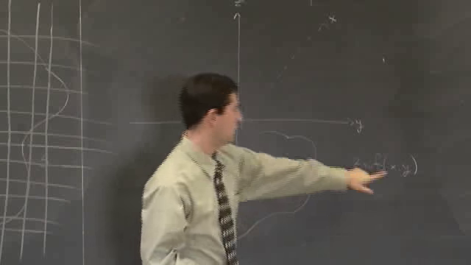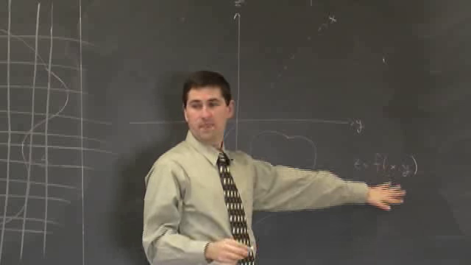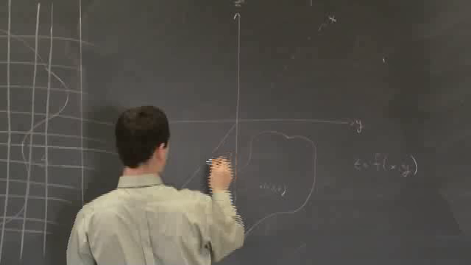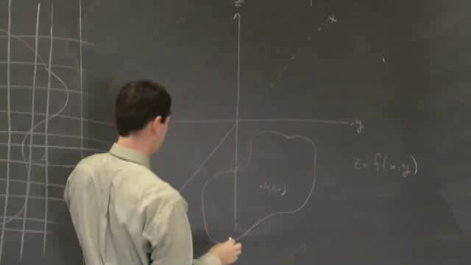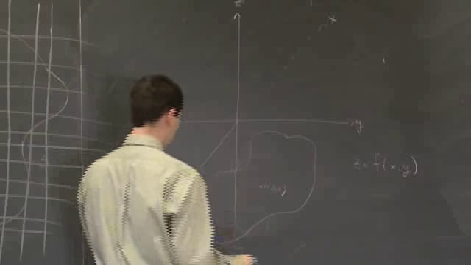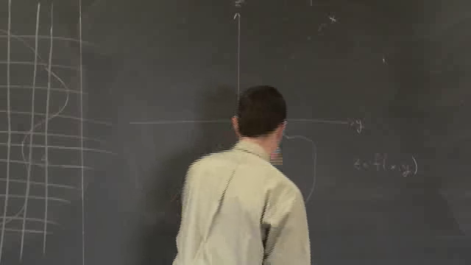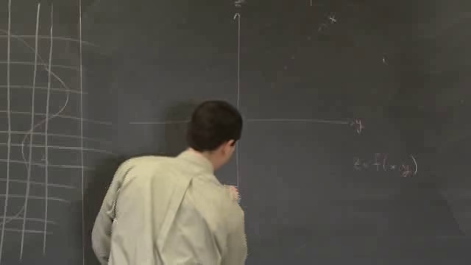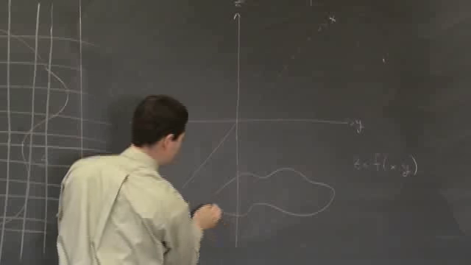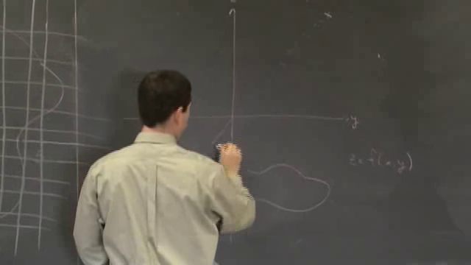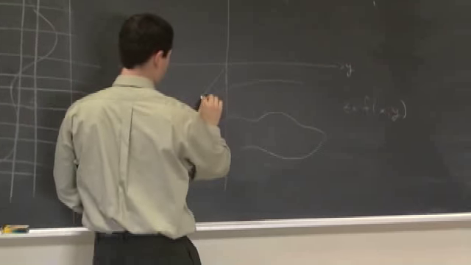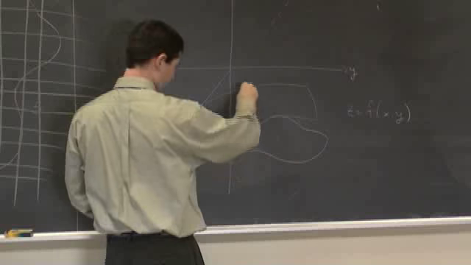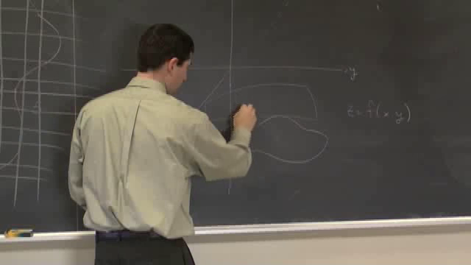And if this function is sufficiently nice, maybe I get some nice thing which hovers over it. I probably need to make this flatter. So over it, I'm going to have some nice surface which sits on top.